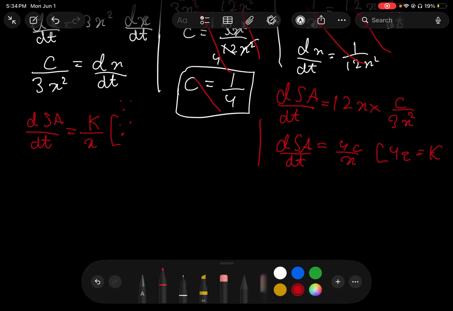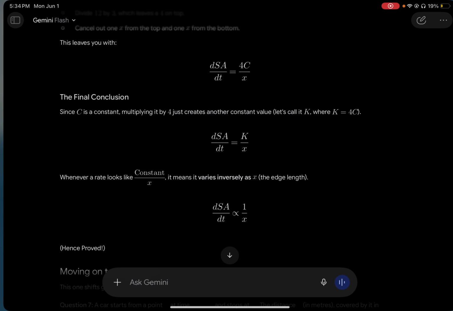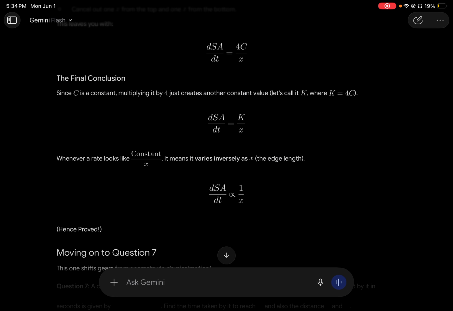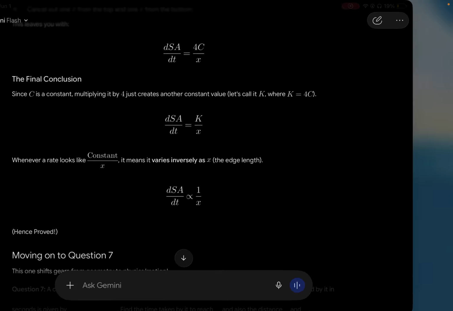Therefore, henceforth, what are these called? I completely forgot. Okay, so constant upon x means, what does it mean again? That whenever the rate looks like constant upon x, it means it varies inversely.